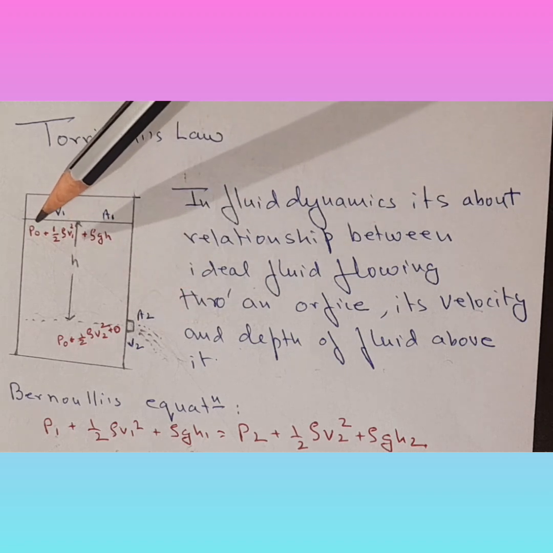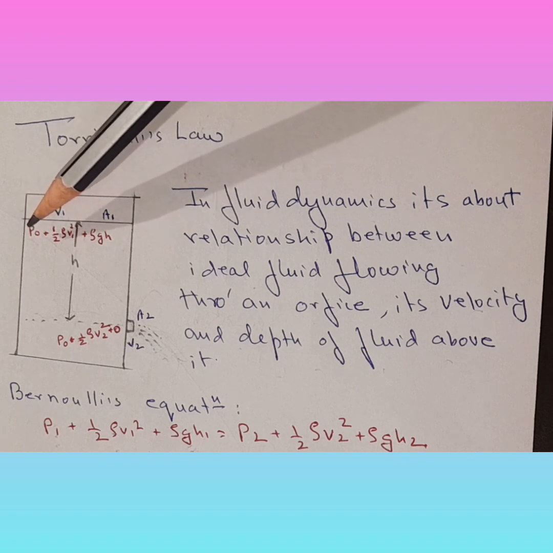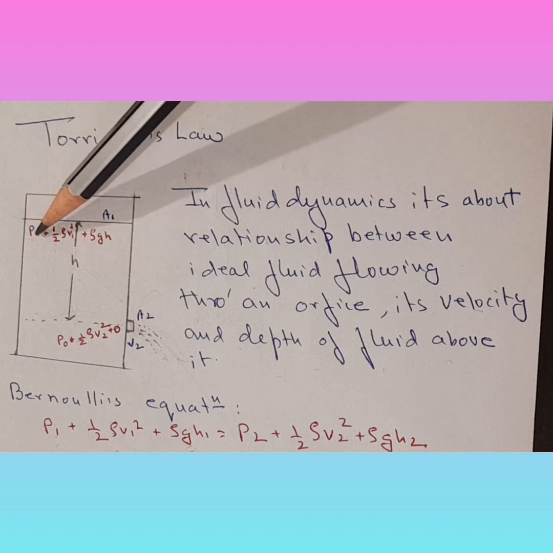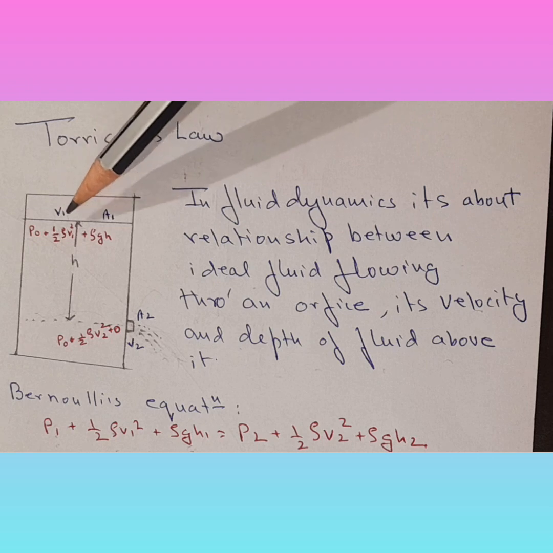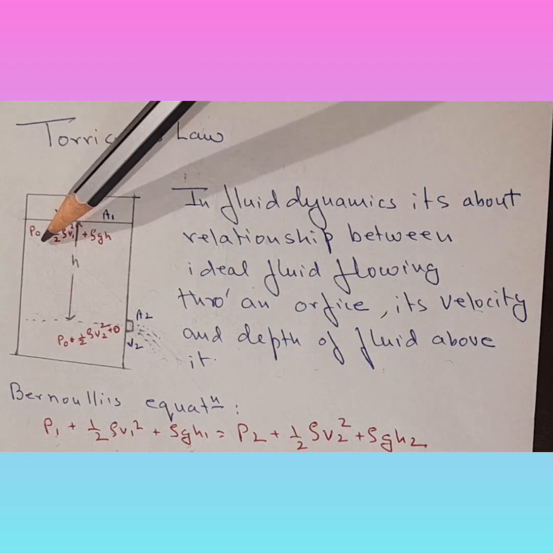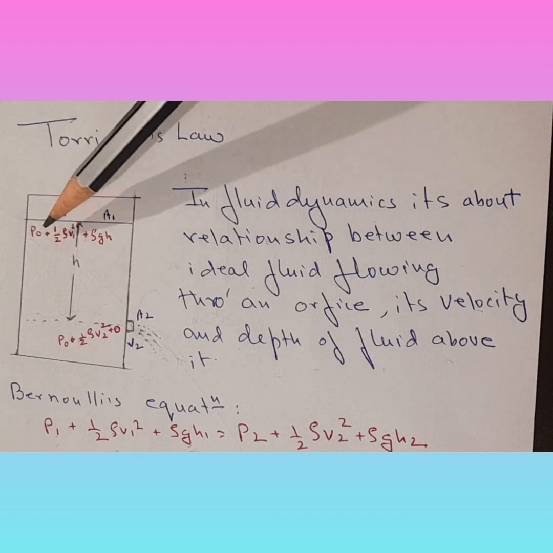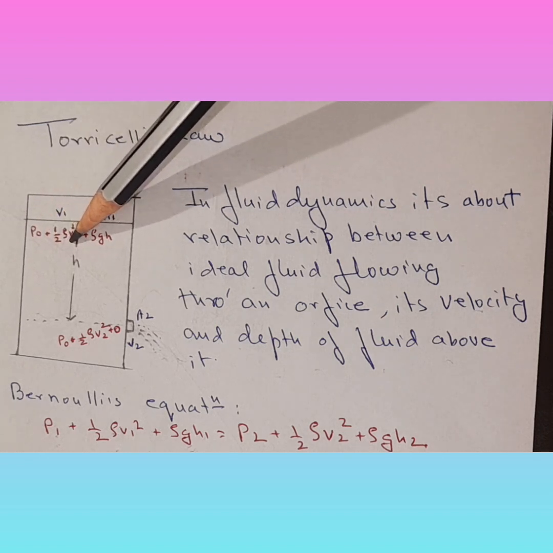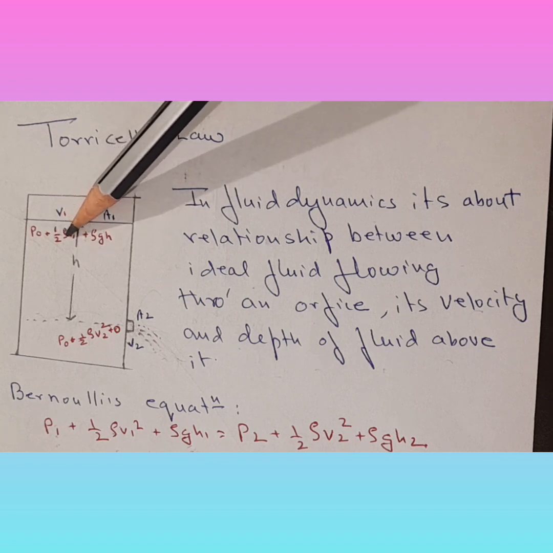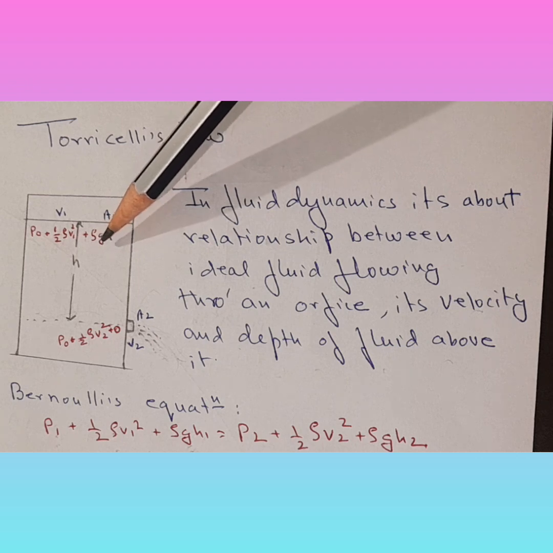Now let's talk about Bernoulli's equation. As per Bernoulli's equation, it has to be P0. Why P0? Because that's the atmospheric pressure which is acting on it. So that is the fluid pressure energy. Half rho v1 square is the kinetic energy, and rho gh is potential energy.